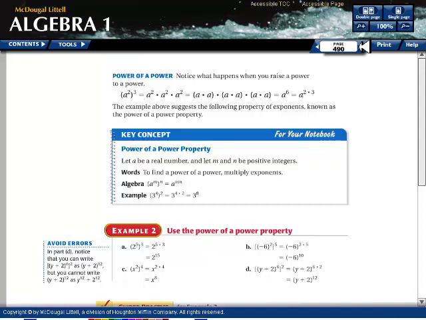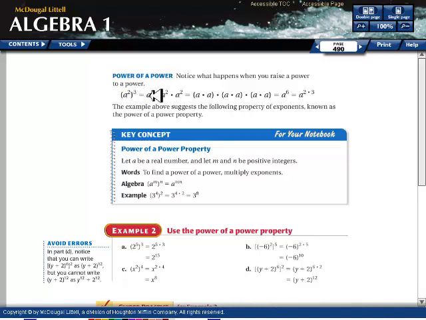Now, there is a difference whenever you're not just multiplying like bases, but you're taking a power to a power. When you take a power to a power, you have to multiply them, because basically what is this saying right here? This says that this is a squared and you have 3 of them.